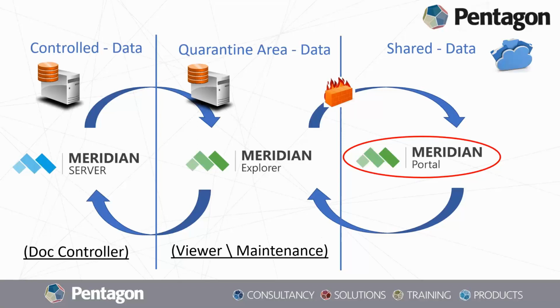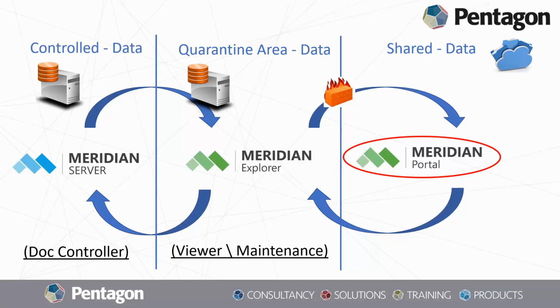And he will create and manage that data, the documents, drawings, etc. over on the left-hand side. That would be published out to a quarantined area called Meridian Explorer, and that's where the typical non-CAD teams would retrieve, search, view, print the data from. It's like a little quarantined area. But again, all within your network, all within your firewall.